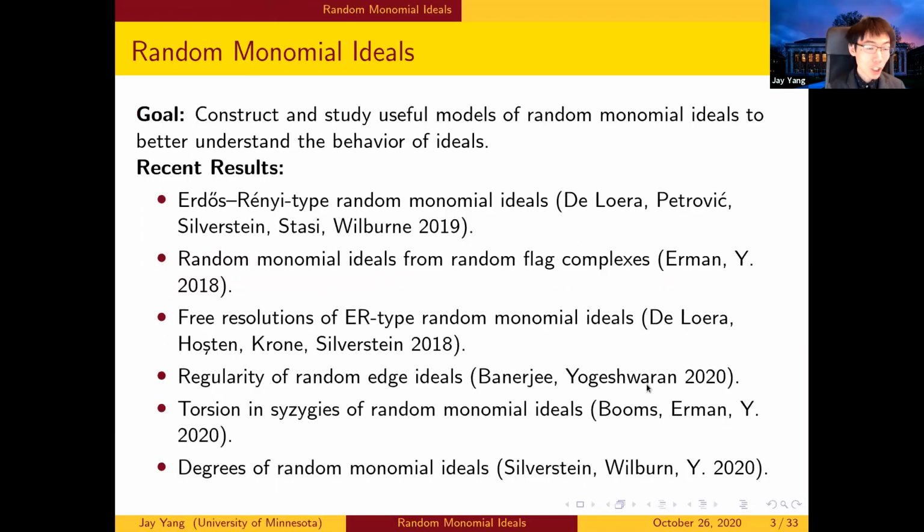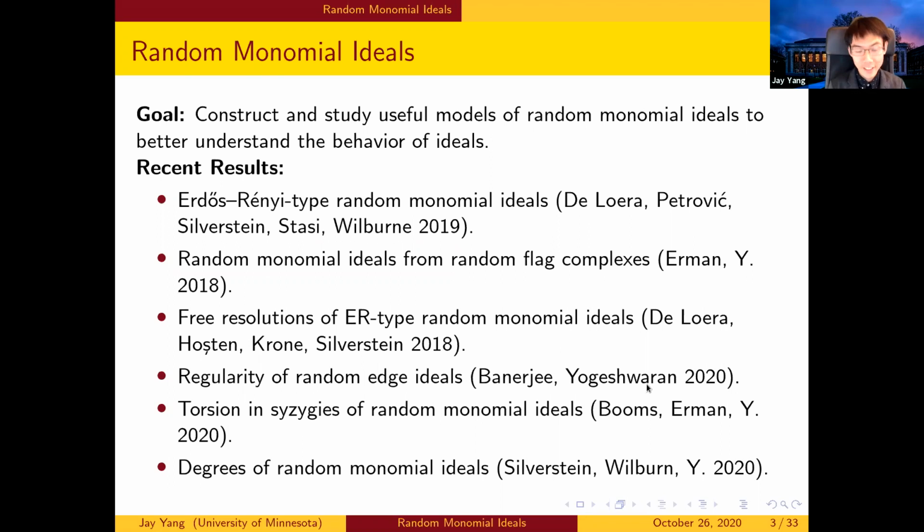Okay, so let's talk about random monomial ideals then, because this is the actual field of study which I've been working on. The goal of this study is to construct useful models of random monomial ideals to better understand the behavior of ideals. Useful can have many different meanings, but at the very least, the model should be interesting, so they should yield some reasonable family of ideals.